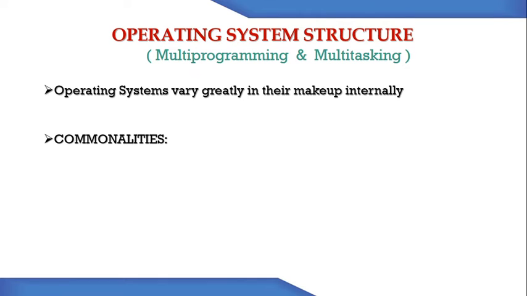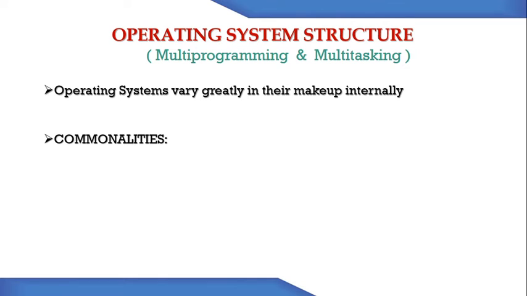Internally, the way they are made may be very different, but they also have many things in common. So we'll be seeing the common things that every operating system must be capable of doing in this lecture.